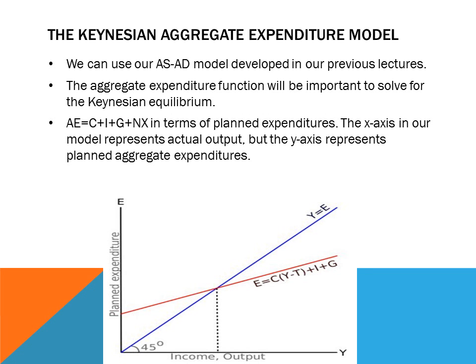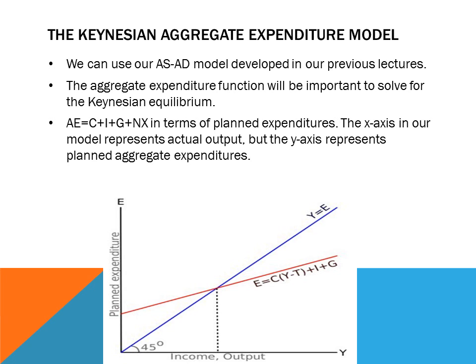We can explain the Keynesian view by using the Keynesian aggregate expenditure model. And we can analyze this with the framework we developed in our aggregate supply, aggregate demand model from our previous lectures. The aggregate expenditure function will be important to solve for the new Keynesian equilibrium.